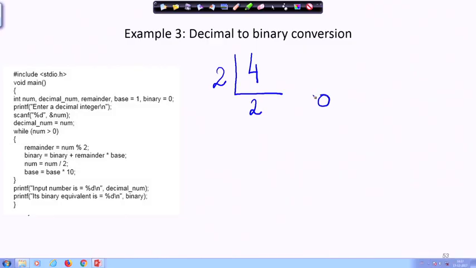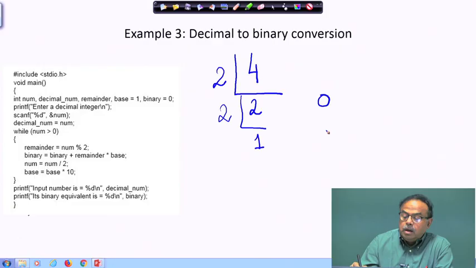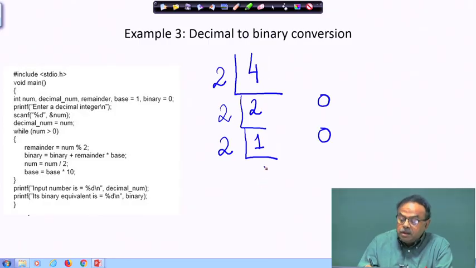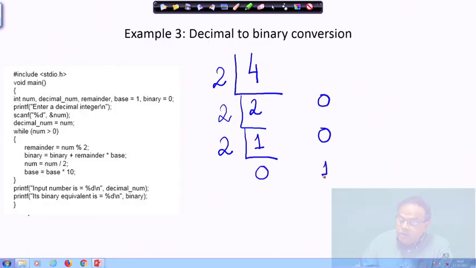Okay. Next, I divide it again by 2. So, my quotient is 1 and remainder is 0. Next, I divide it again by 2. My quotient is 0 and remainder is 1.